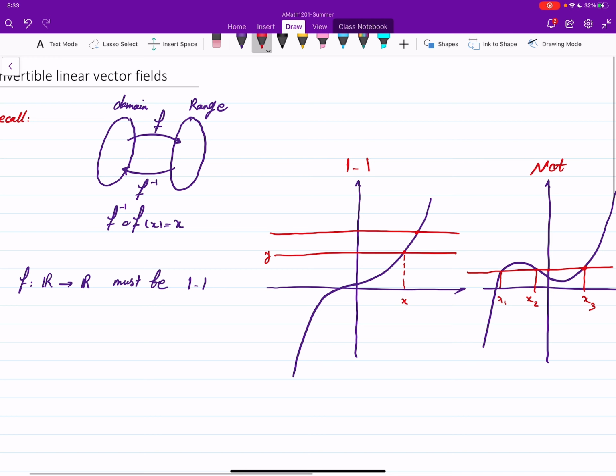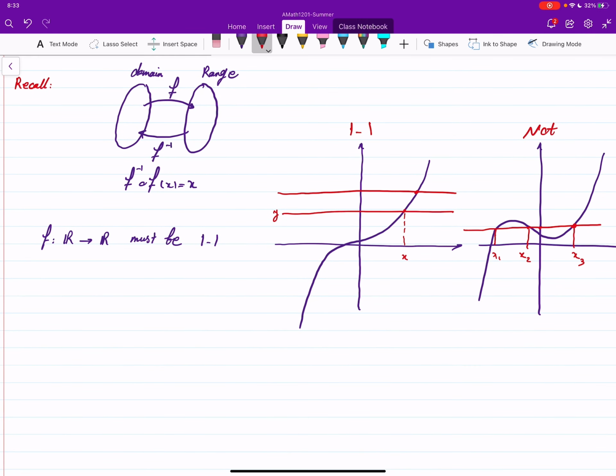So that was one of the important things. If a function is 1 to 1, then you can find f inverse from its range to its domain. So if f is 1 to 1, then f inverse from the range of f to the domain exists.